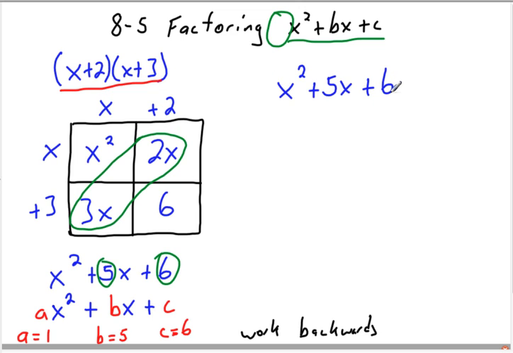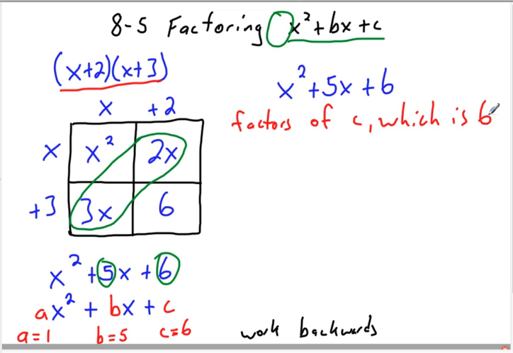So we're looking first to figure out how we got c. We need to figure out what two numbers multiply to get 6. So we're looking for factors of 6, factors of c, which is 6 in this case.